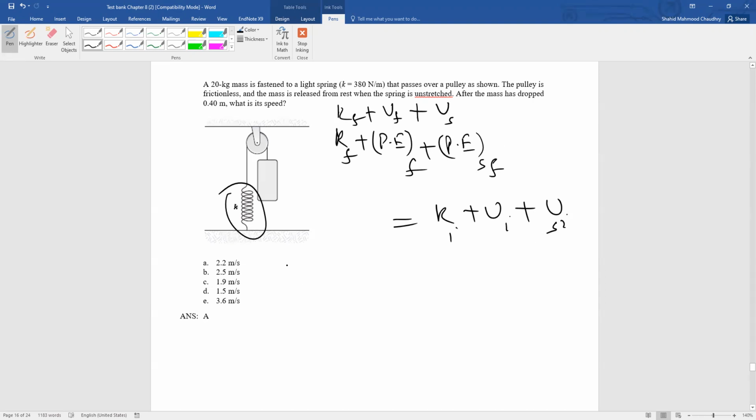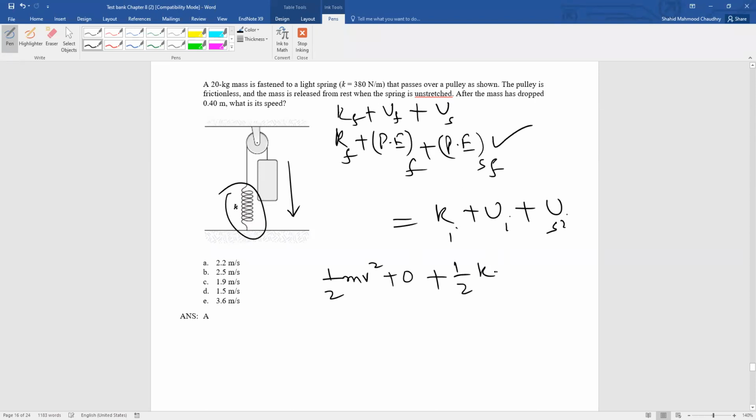So in this problem, kinetic energy final, surely the body is moving down, so it will be 1/2 mv square. Potential energy final, because it is going down, so potential energy will be 0. What will be the potential energy by the spring?